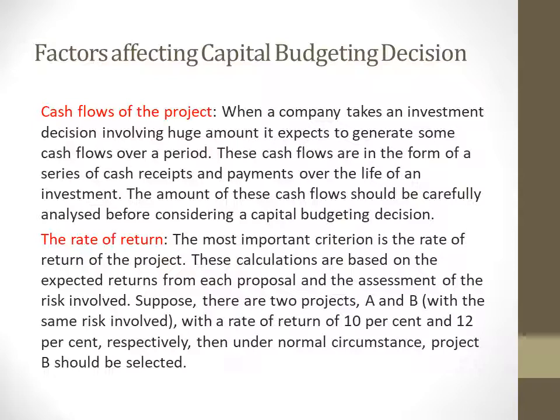The company has to invest in various assets, and the assessment of risk is also to be done. This can be illustrated with an example: the company has selected two projects, where one project is giving a return of 10% and the other is giving 12%. So definitely the company will select the project where the return is more, that is 12%.